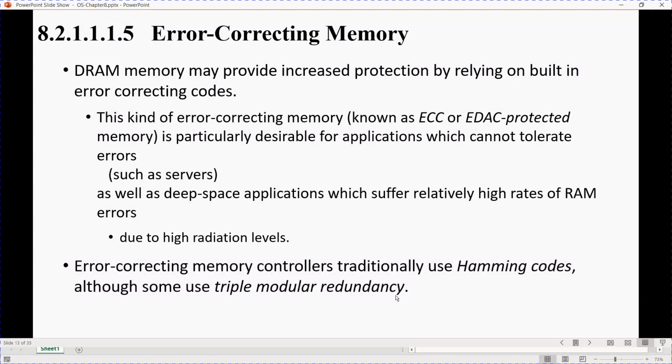Error-correcting memory controllers use Hamming codes or, in some cases, triple modular redundancy.